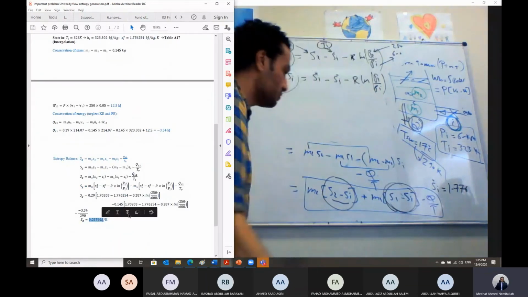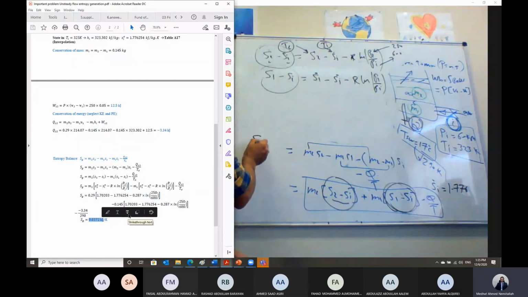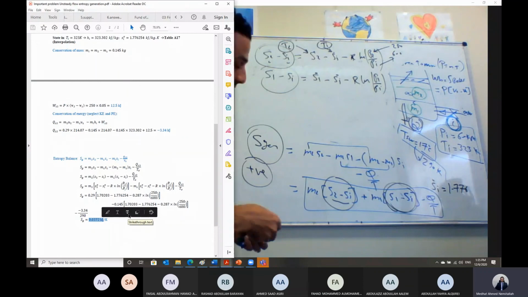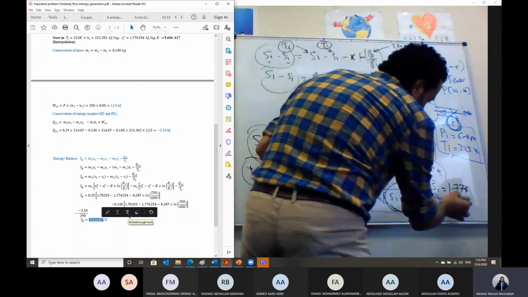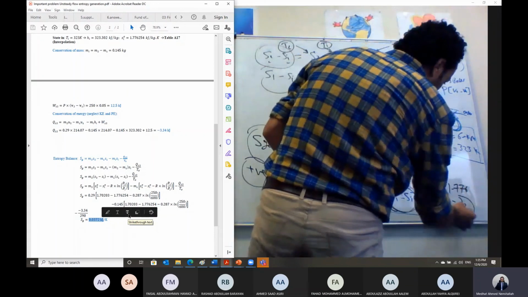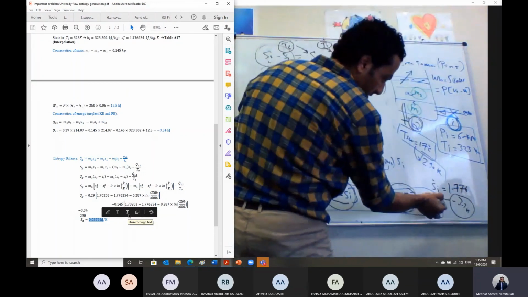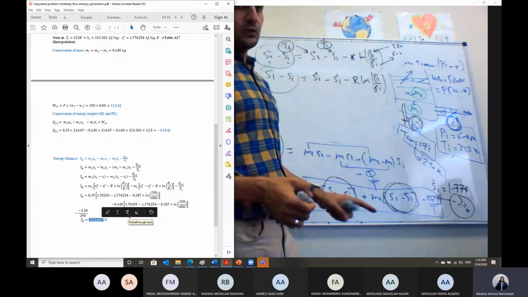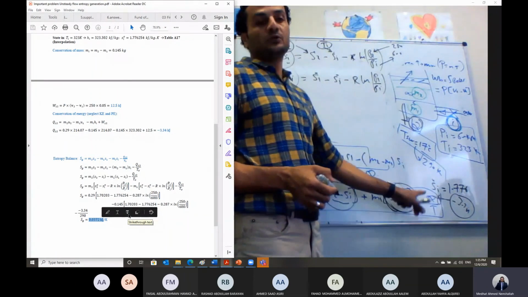This value, Shabab, should always be a positive value. So the entropy generation in any problem should be a positive value. That's why I mean, just take care about the sign. We have calculated the heat transfer equal to minus 3.34, so it has to be substituted here, Shabab, with its sign. So negative, negative, it will be positive in this case.